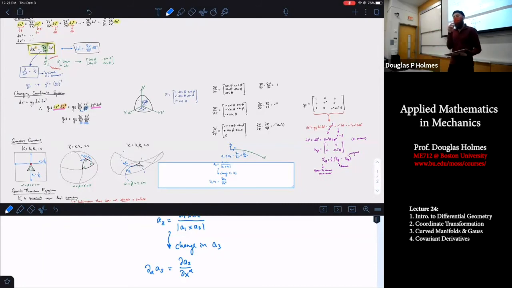I want to determine how my vector is curving as I go along the x1 direction. And so what I'm going to do is I'm going to say, well, let's calculate how much this vector is changing as I move along the x1 direction, and then project the length of that vector down onto the x1 direction.